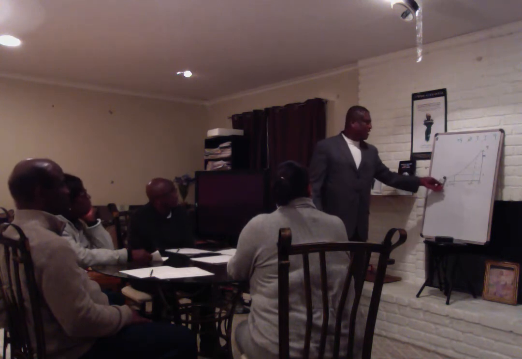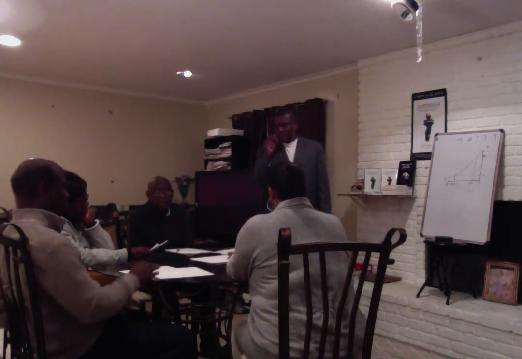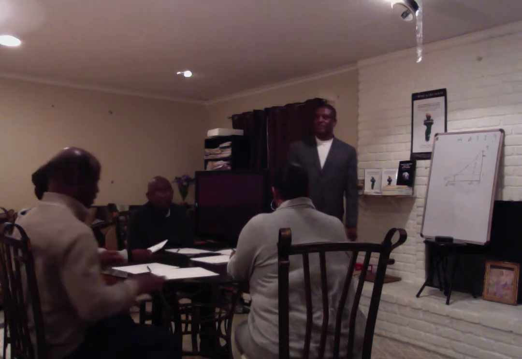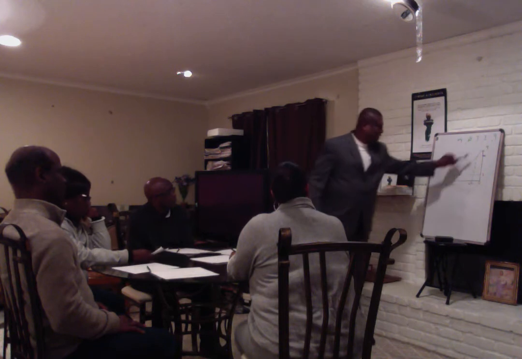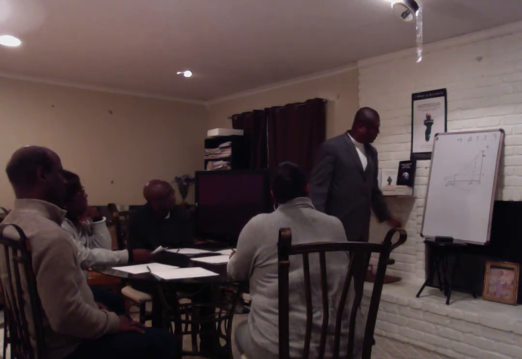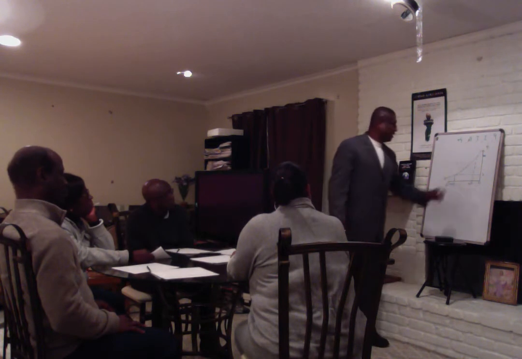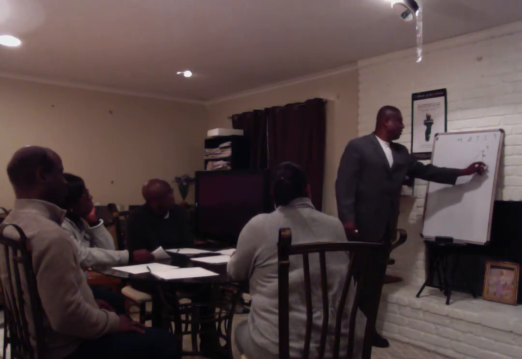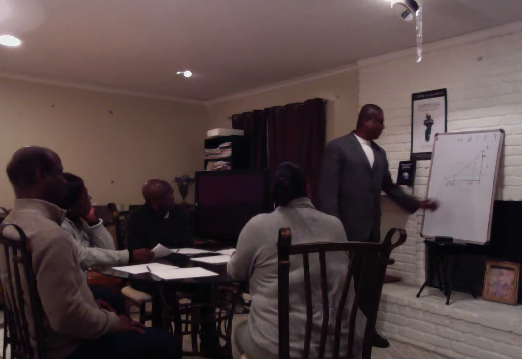How can we describe the demand curve as it is now on the board? Mr. Adam? Okay, the demand curve is downward sloping. Is there any other way we can also describe the demand curve? Negatively sloping, because if this area is increasing, this area is decreasing.